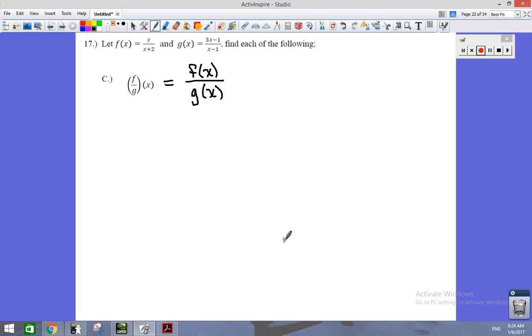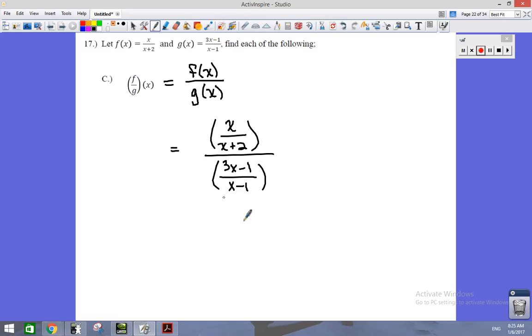Well, since f and g are both rational functions, they're both fractions themselves, this is a little bit intimidating to students because the numerator is a fraction, x over x plus 2, and the denominator is also a fraction, 3x minus 1 over x minus 1.